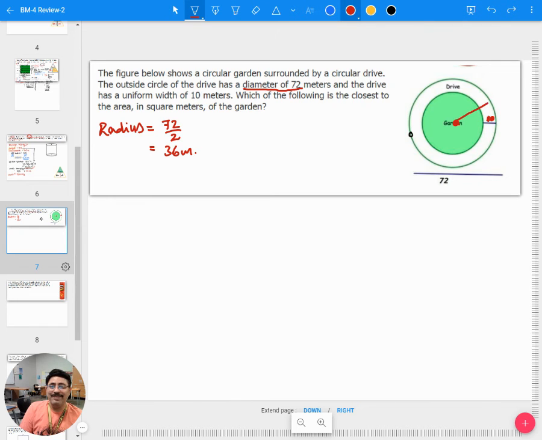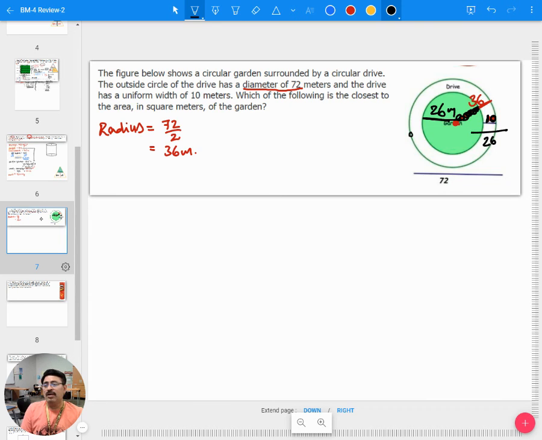The radius we just computed is 36 meters, and the drive is 10 meters wide. If I want to compute the radius of the garden, shall I add 10 or subtract? Obviously we have to subtract. Take away 10 from 36, you will be left with 26. So the radius of the garden is 26 meters.